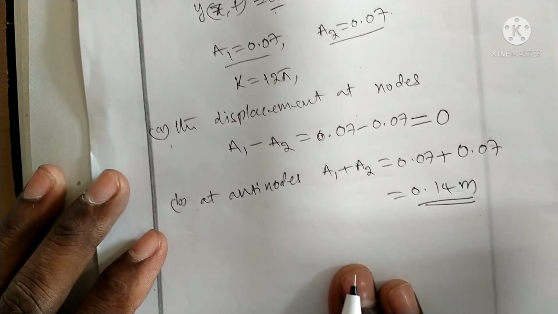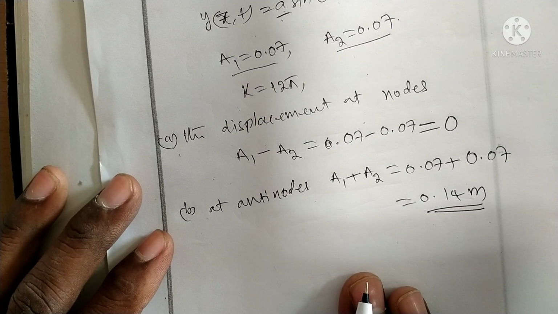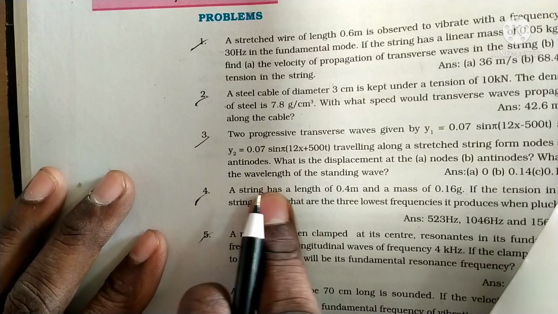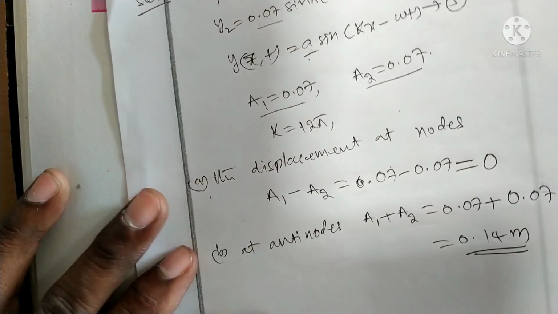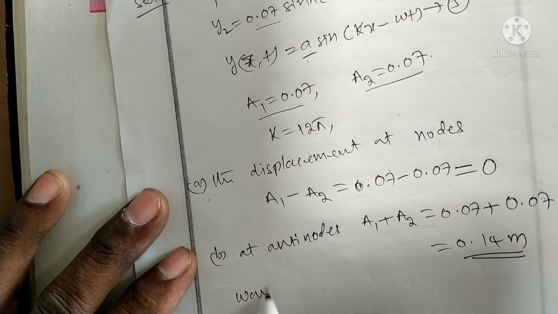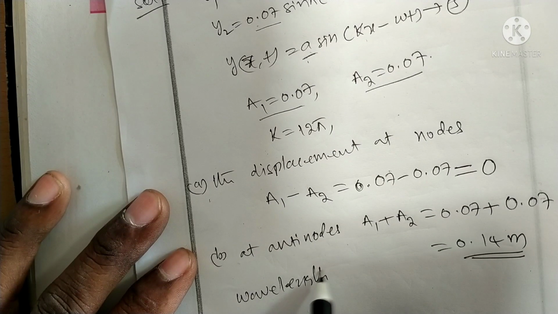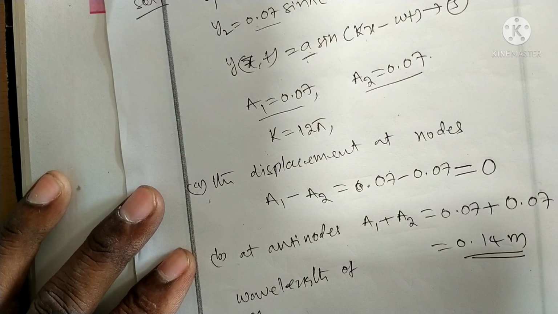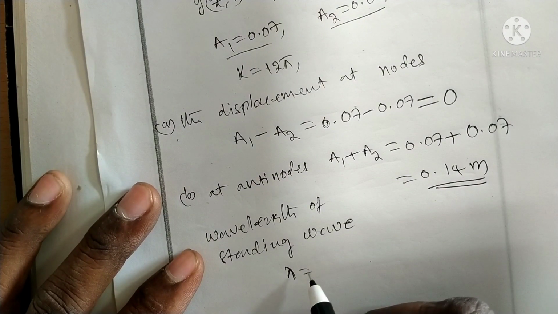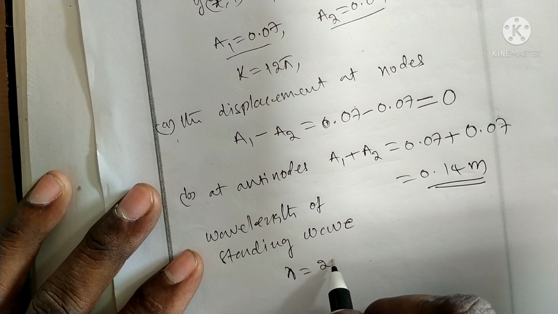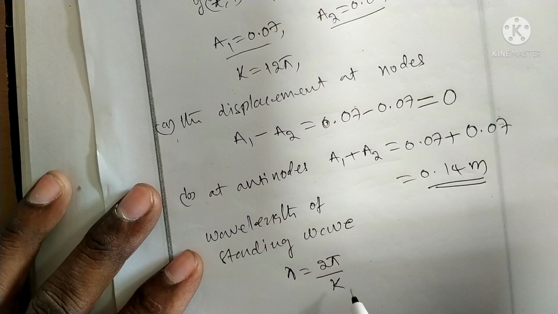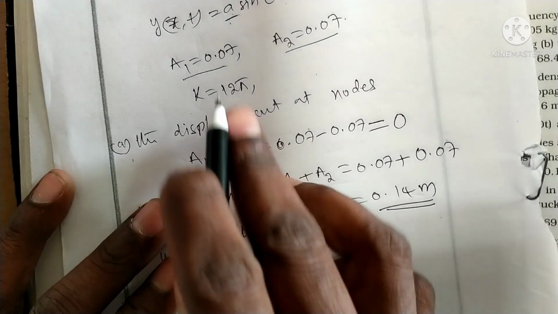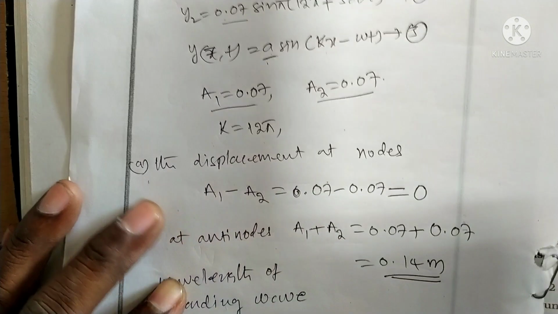Next, we can find the wavelength of the standing wave. What is the relation between the wavelength and the wave vector? Lambda is equal to 2 pi by k. You know k is equal to 12 pi.